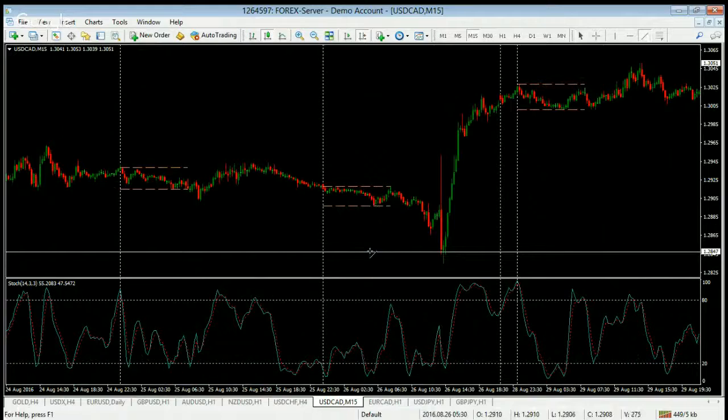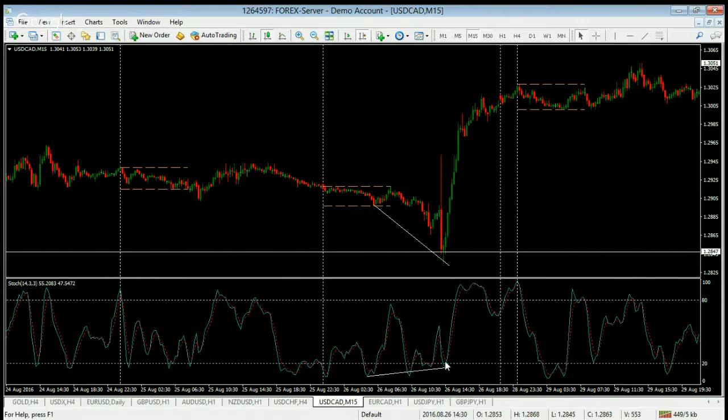Low, mid here. See how price bounced right at that 1.287, or maybe 1.2865. See how it bounced there, but see what it was doing. You can see this swing here.